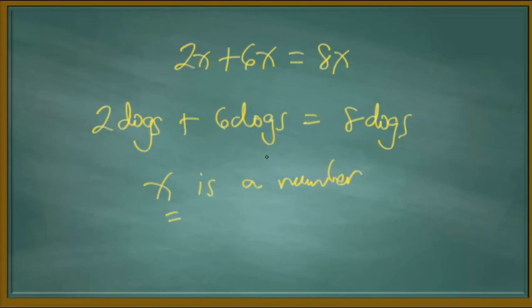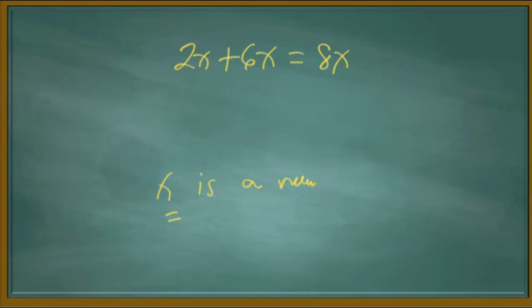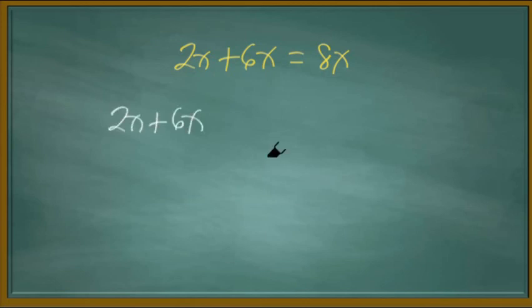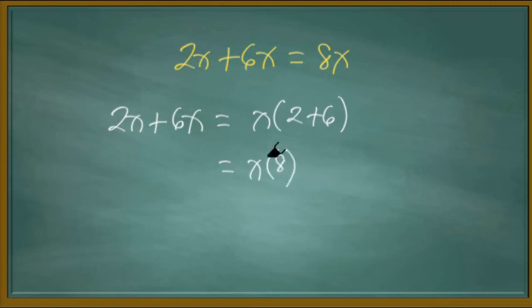This expression can also be explained, therefore, using this illustration. 2x plus 6x is the same as x multiplied by 2 plus 6. x therefore is multiplied after this line by 8. That's why we have 8x.